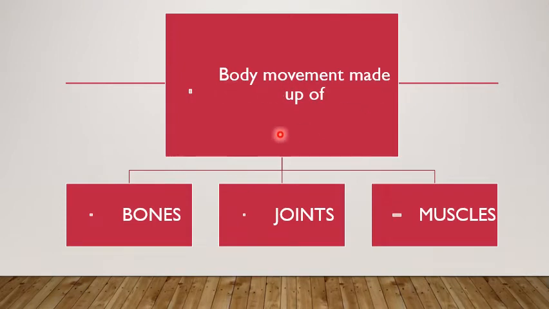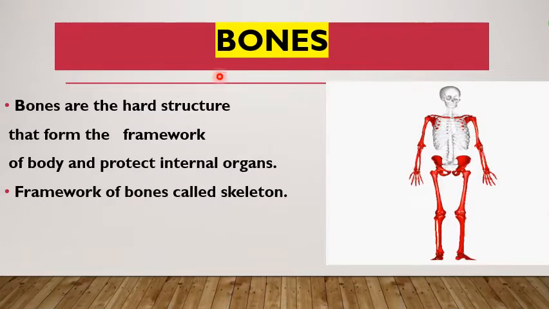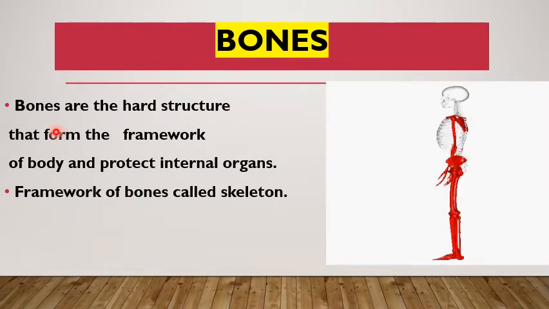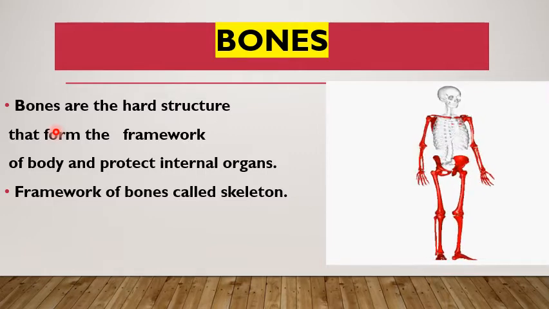Body movement is made up of different organs. It is divided into three parts: bones, joints, and muscles. Bones: it is a strong and non-flexible tissue.